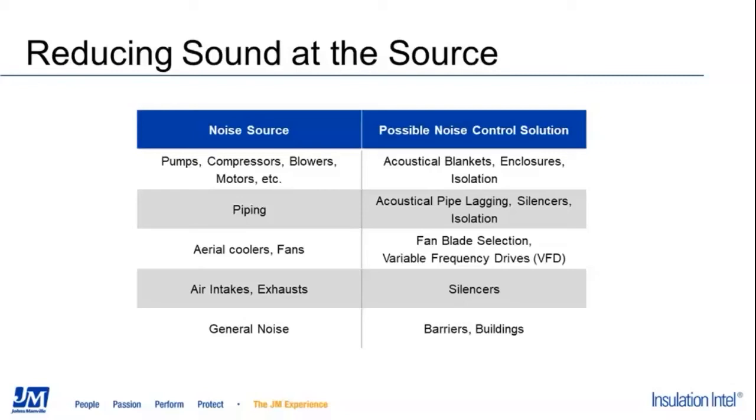Air intakes and exhaust systems, again, putting a silencer in place, so trying to create a path that the air has to pass through that dampens out the noise at the path between the source and where it exits. And then just general background noise, again, looking at having to use barriers or buildings to possibly address those issues.